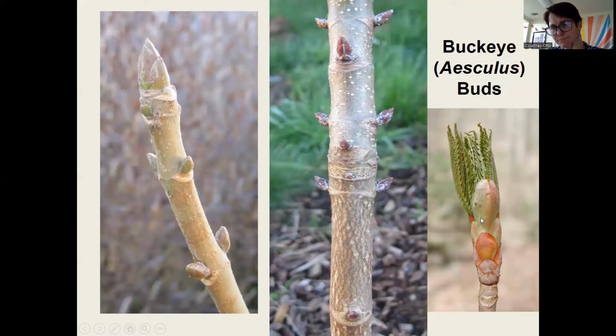Well, pretty soon, those terminal bud scales are going to fall off, and they're going to leave scars along our stem. If we look here in this central photo, we can see some of those. So if you put your eyes right here, you can see these kind of circular scars that are going around the whole circumference of the stem. Those are those terminal bud scale scars that we can use to age a section of branch.